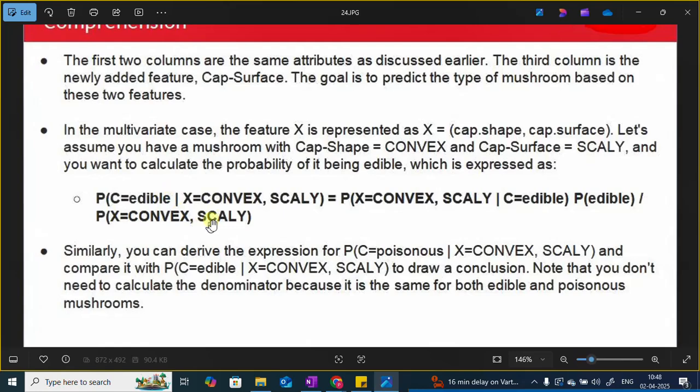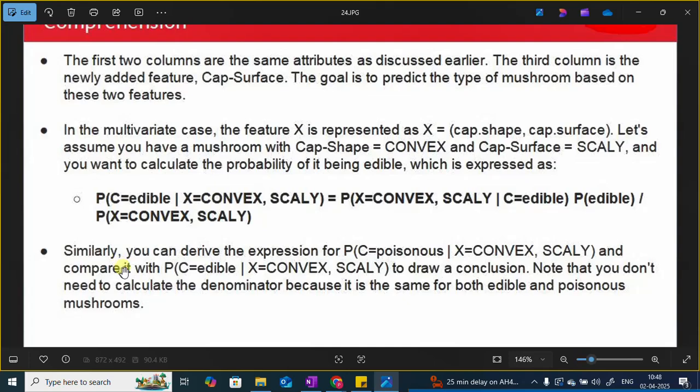Probability of edible given convex and scaly, think of this as one term, is equal to the second term, probability of convex and scaly given edible, times probability of edible, the first one, whole divided by probability of convex and scaly. Getting my point? That is what is written in the Bayes theorem, the original formula.